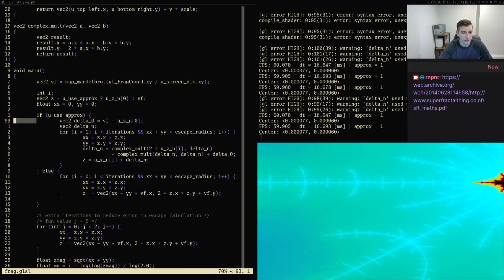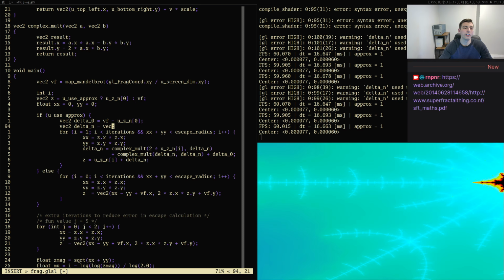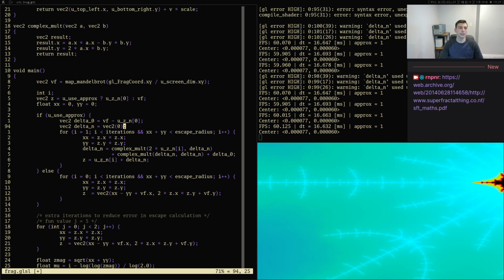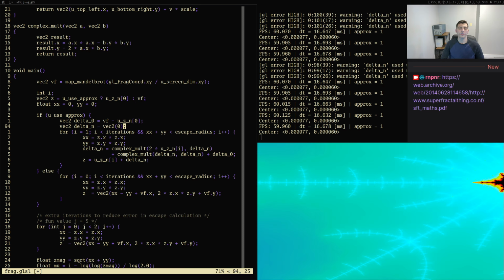Why is delta n? Oh, okay, it does need to be initialized, my bad. Okay. Back to 0. Okay, well, if that's the case, then why is that getting flipped?